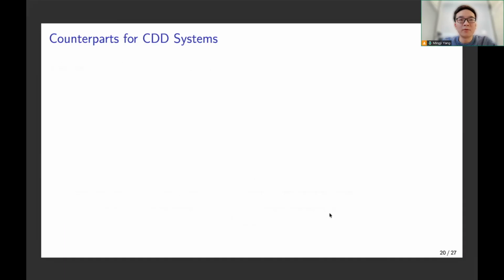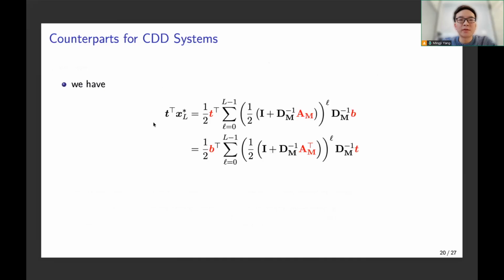And while the result on the previous slide is for RDD systems, for CDD systems, we can derive similar results by the following observation. We can check that for the expression for this target value, if we swap the roles of B and T and also replace the matrix A by its transpose, the expression remains equivalent.